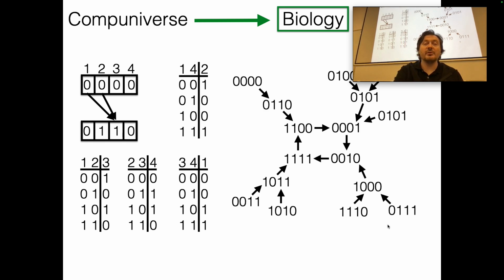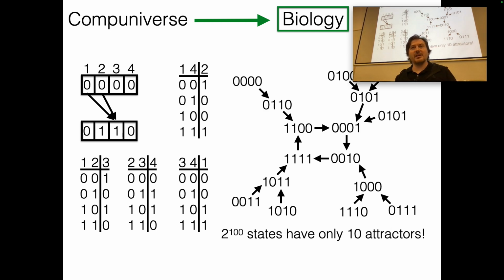Once he did it for much larger networks, he realized that if you have, let's say, 100 genes, and you make a map, you end up with only 10 attractors. So far, did you follow this? He says that the number of attractors is on the order of the square root of the number of genes. So he says that probably these attractors are cell types.